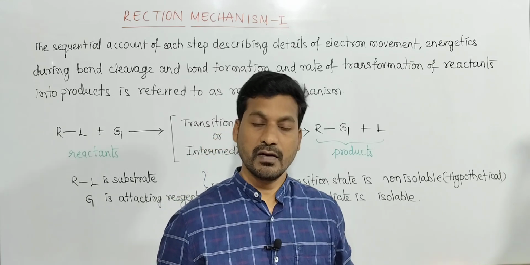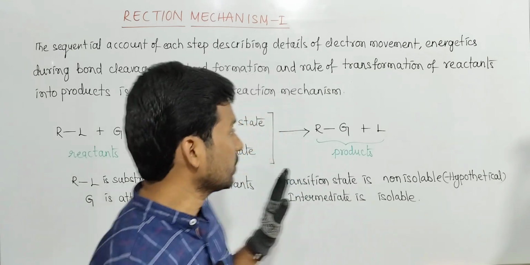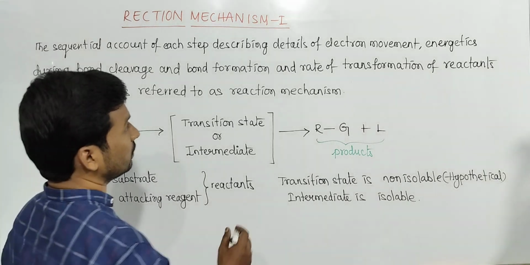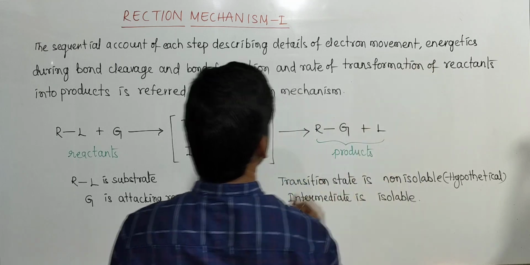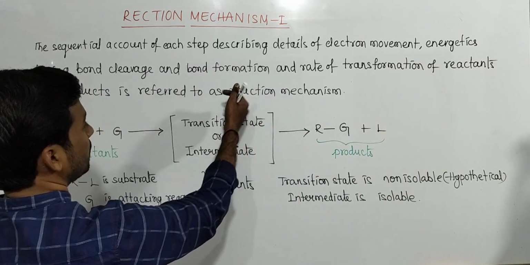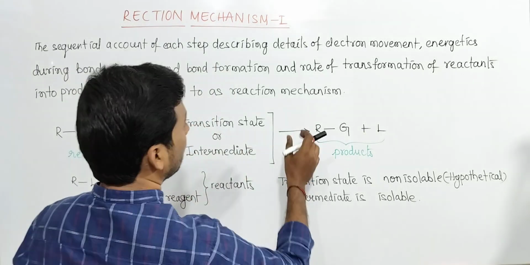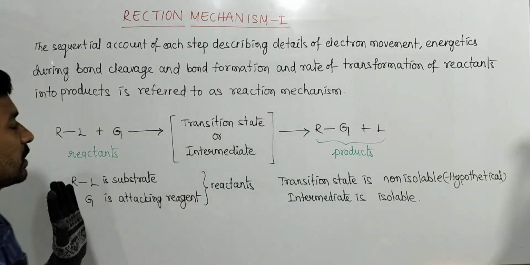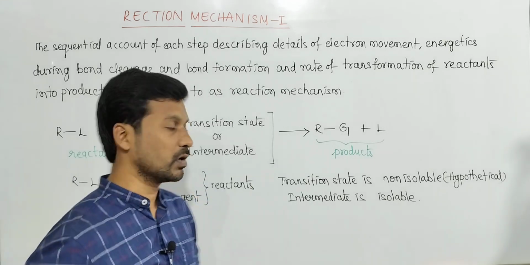Rate of reaction will also be discussed in reaction mechanism. So in reaction mechanism all these details will be discussed: details of electron movement and energetics during bond cleavage and bond formation, how energy change takes place, and the rate of transformation of reactants into products. All this is referred to as reaction mechanism.